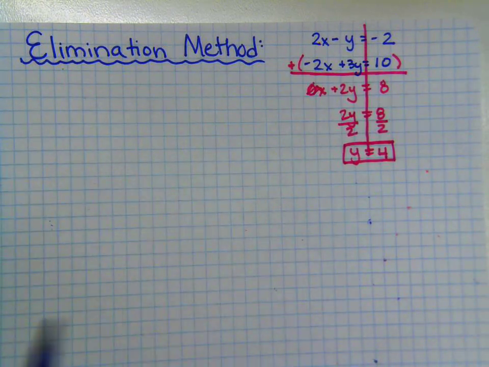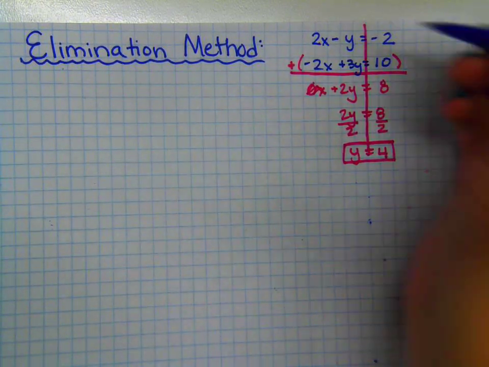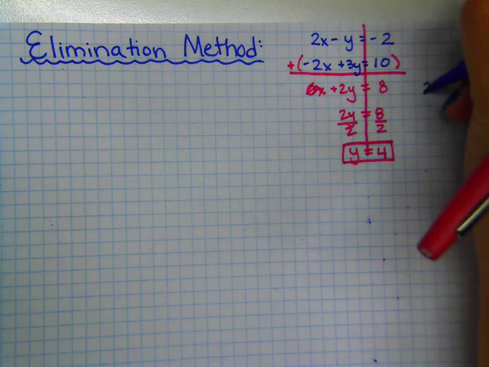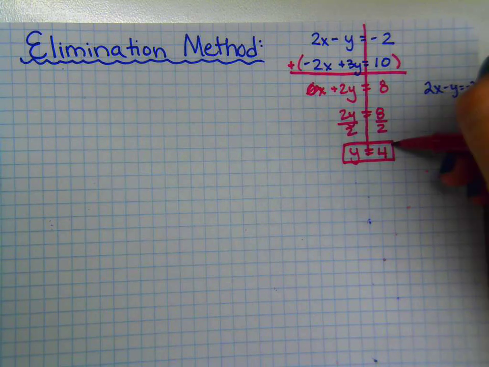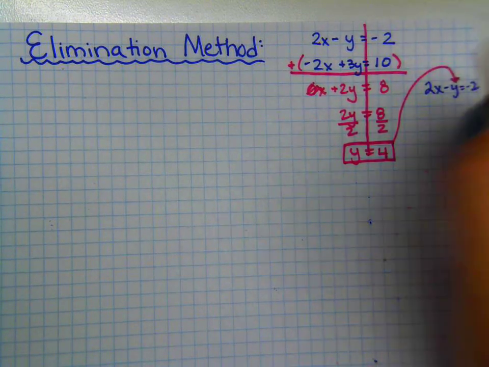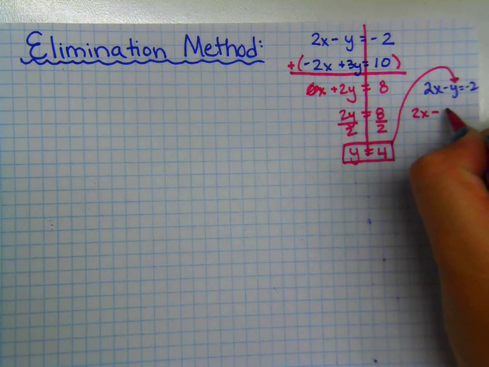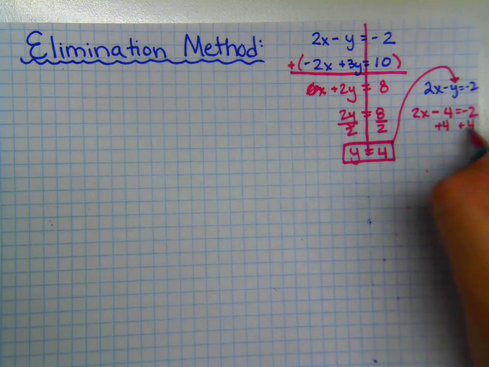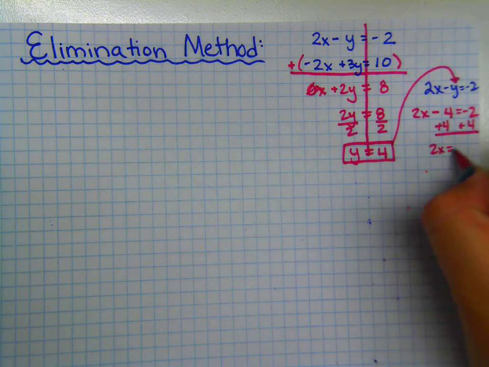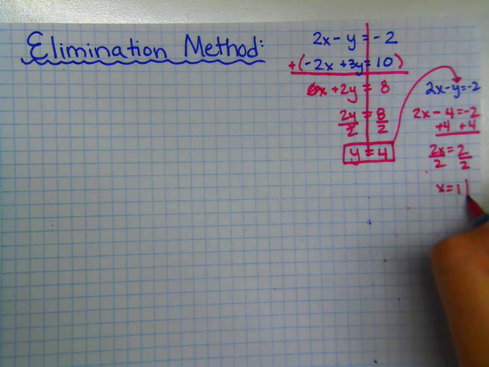Same thing as before. From there, you're going to plug it in. I'm just going to choose to plug it into the first one, but again, it does not matter. So I take this 4 and I plug it in. That'll be 2x minus 4 equals negative 2. Add 4. 2x equals 2. Divide by 2. And we get x equals 1.